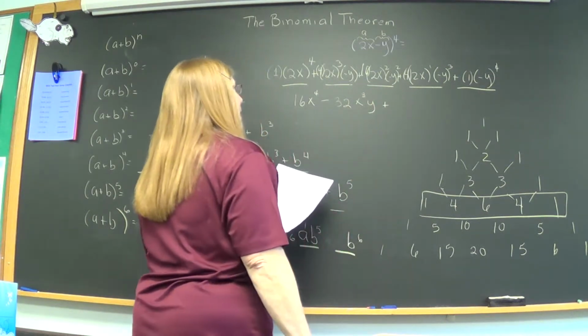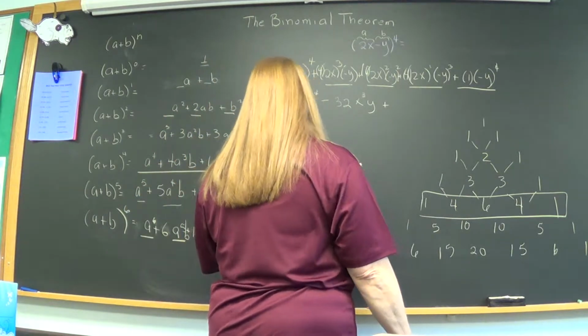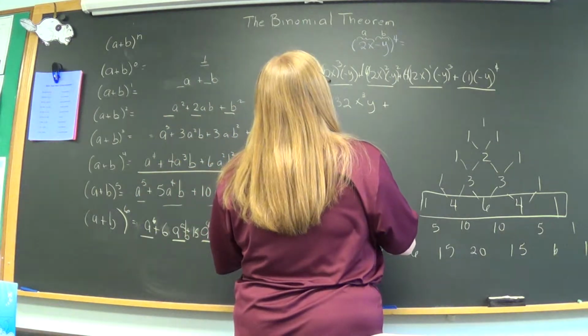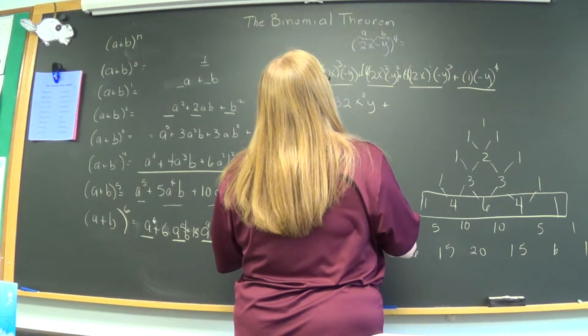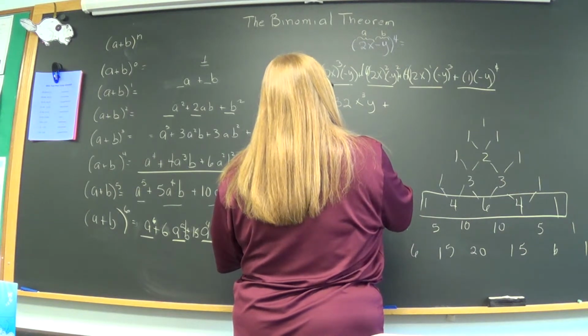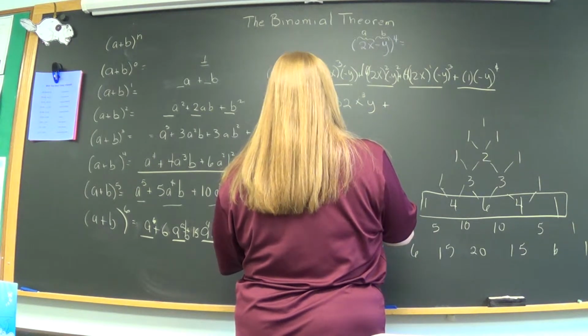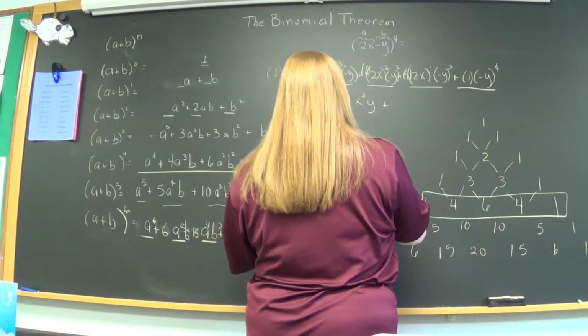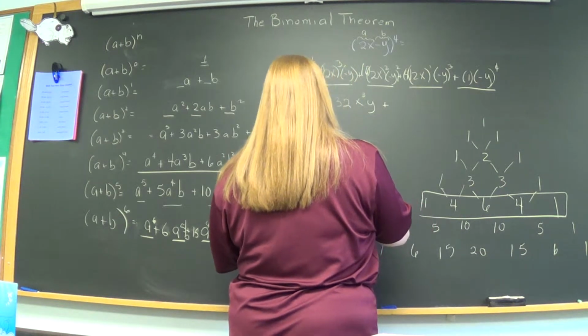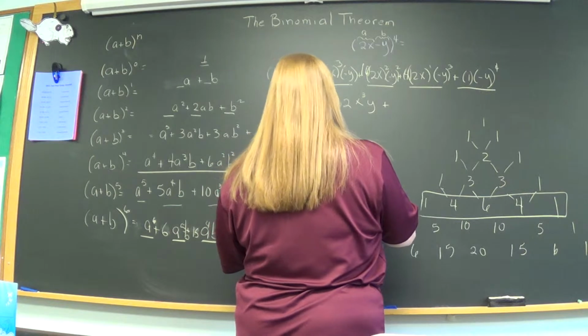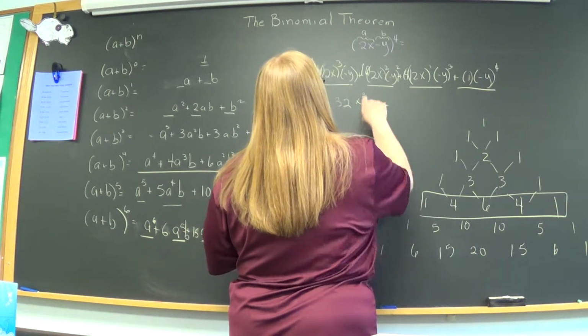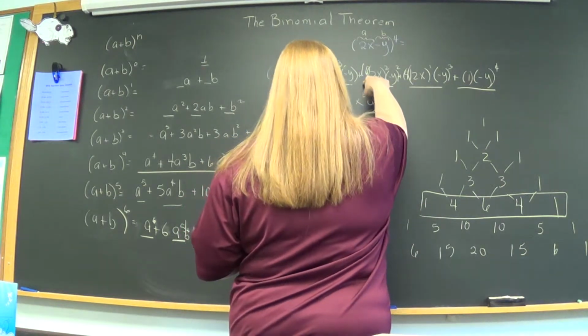The next one, we have 2 squared and a 10. Then what else do we have? 2 squared is 4, times, this number is not correct.